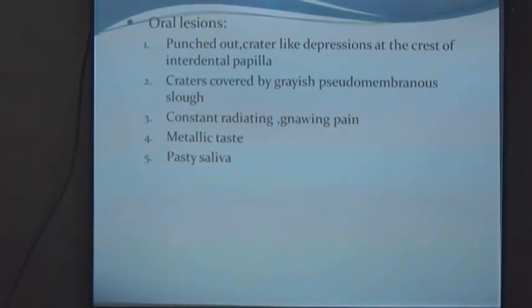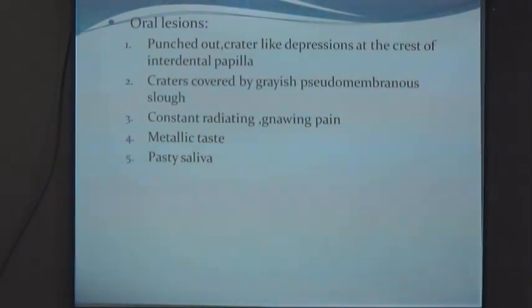It doesn't confine to the marginal gingiva or interdental, it is to the attached gingiva also. When there is gingival enlargement in marginal, interdental and attached, you can say it is idiopathic. When it starts from the interdental papilla like bead-like enlargement, then comes to the marginal gingiva, you can say it is drug-induced gingival enlargement. Same way, in necrotizing, mainly a punched out or crater-like depression in the interdental papilla first.